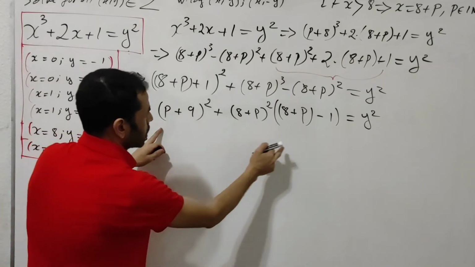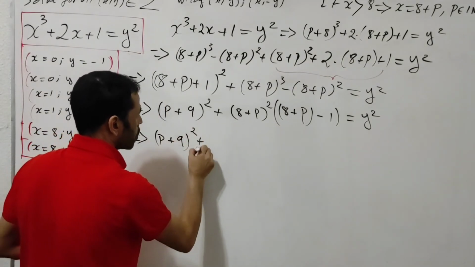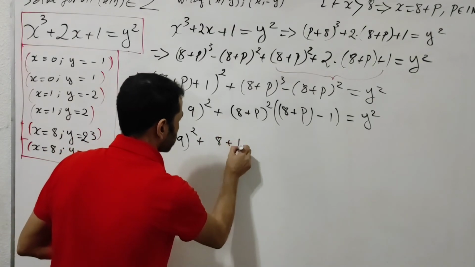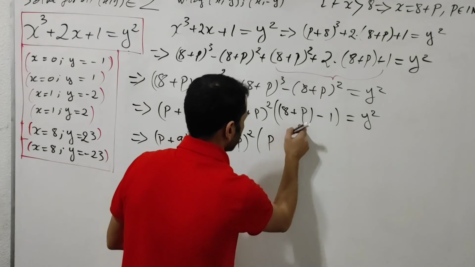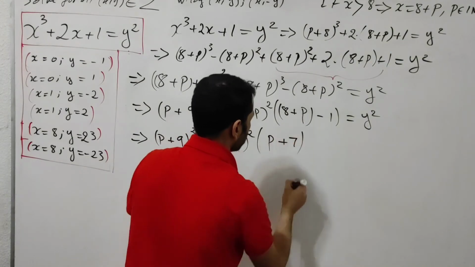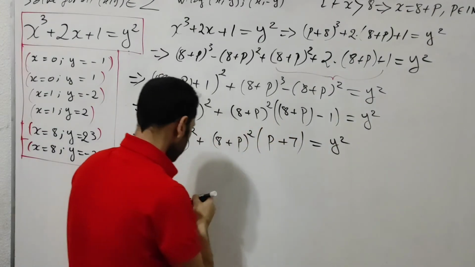Now by simplifying this more, I will have (p plus 9) squared plus (8 plus p) squared times (p plus 7), 8 minus 1, equals y squared.